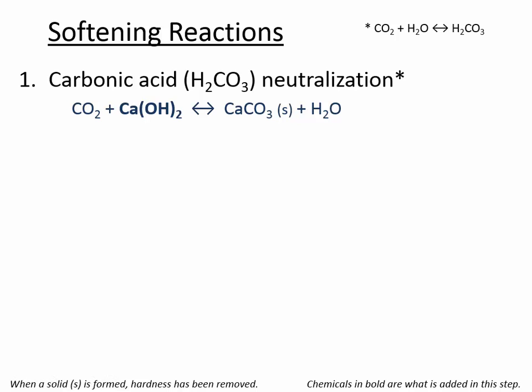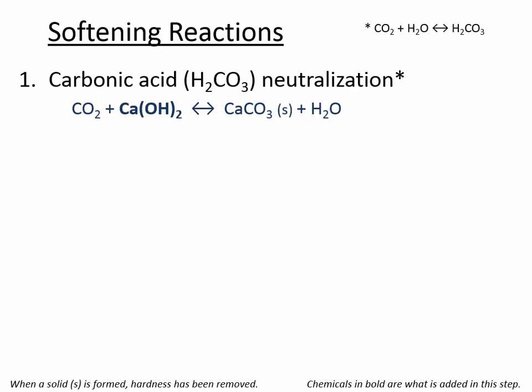So here's the neutralization reaction. It's step by step what's happening each time you add a new chemical. The first thing we have to get rid of is dissolved carbon dioxide. Even if you have a bottle of water or a container, any kind of water, there's a little bit of CO2 dissolved in it.